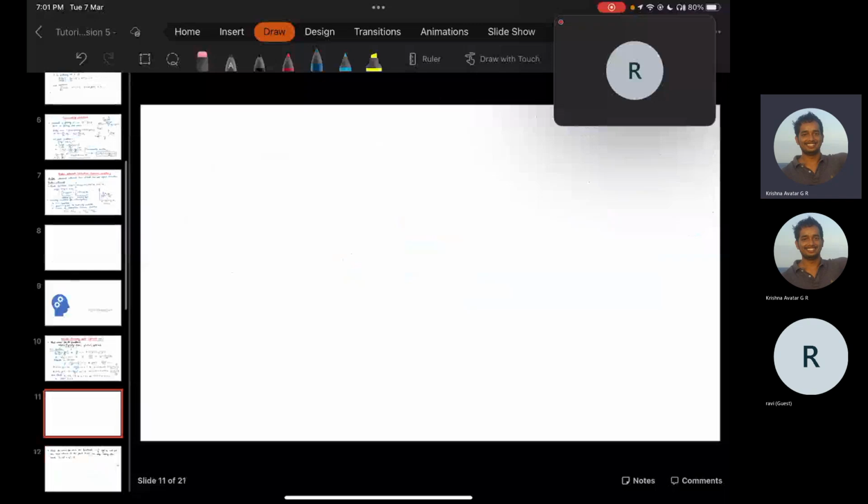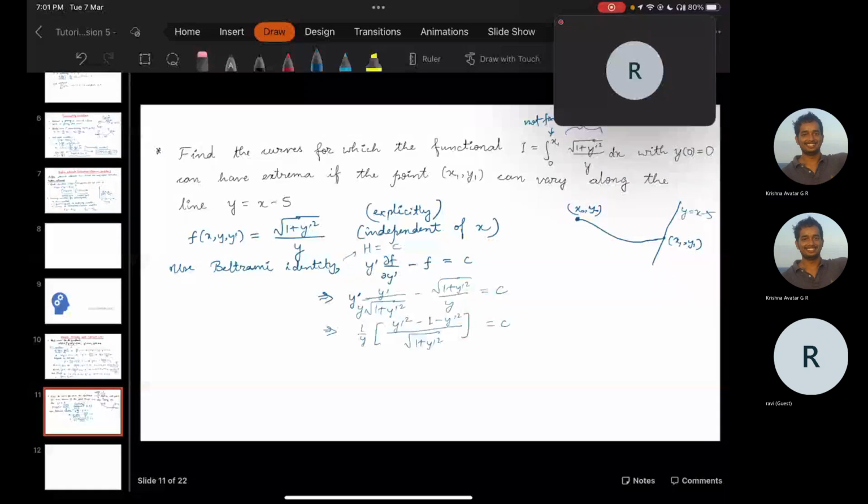So essentially 1 by y, and here y prime squared cancels out. So we'll have minus 1 by y root over 1 plus y prime squared equal to c. This is also our expression for h. I'll just keep it h here because we require it later.